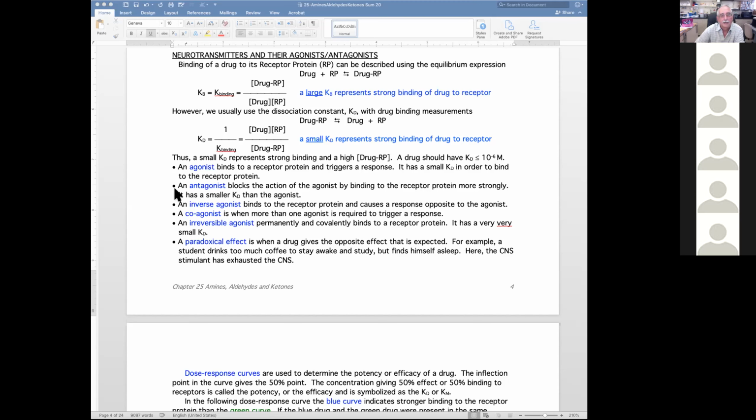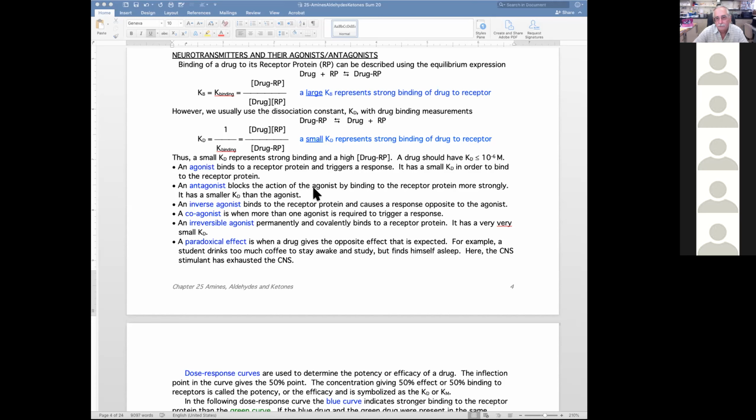What is an antagonist? An antagonist blocks the action of the agonist by binding to the receptor protein more strongly. So it's going to have a smaller KD, binds to the receptor protein, and outcompetes the agonist. So for example, histamine is an agonist.